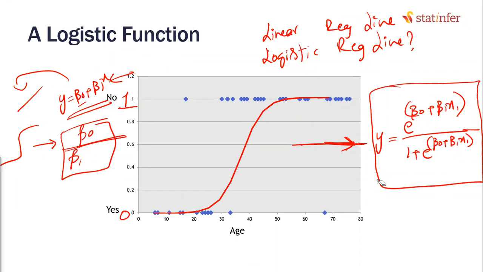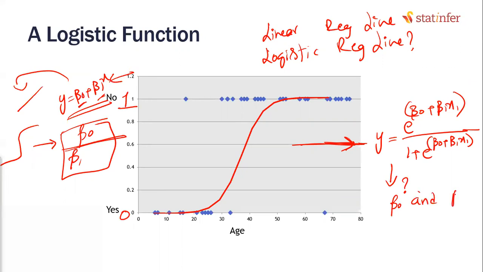Then what are you finding here in logistic regression? Tell me. What are you trying to find in the logistic regression line? Here also you are trying to find beta naught and beta 1. Even here you find beta naught and beta 1 only.